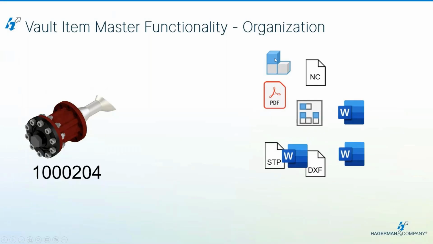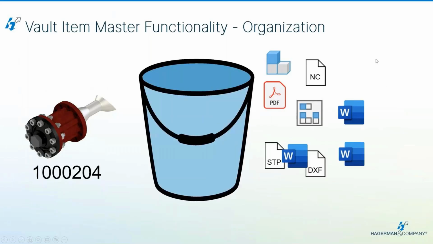We've got the models in Vault, the drawings in Vault, a STEP file over here on a share, the NC files on a computer in the shop. These documents are scattered in SharePoint or a Teams folder or somebody's computer. And so this is where the Vault Item Master can really be a huge benefit for not only engineering, but really the rest of the organization.